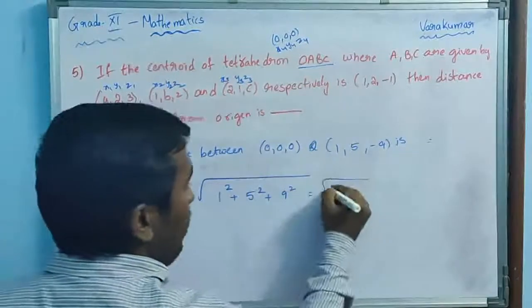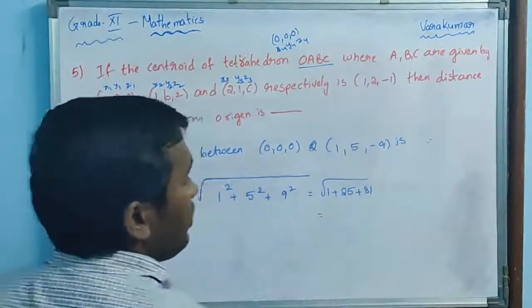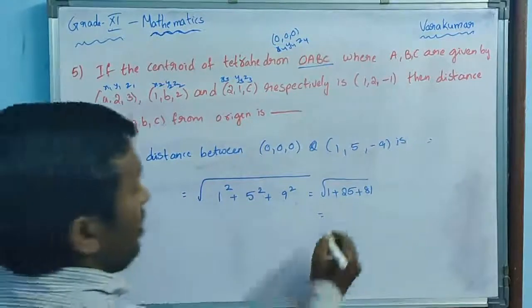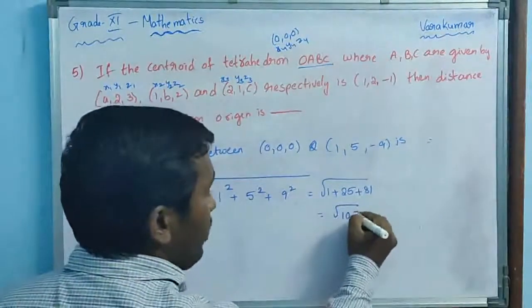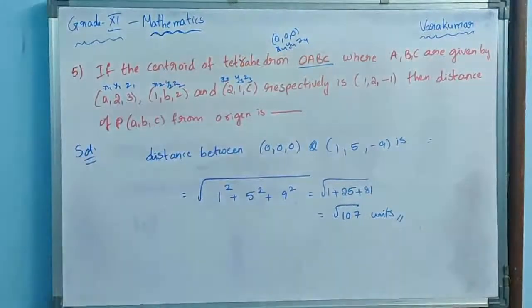It is 1 + 25 + 81. So the total answer, simplified, is root 107 units. This completes the solution.